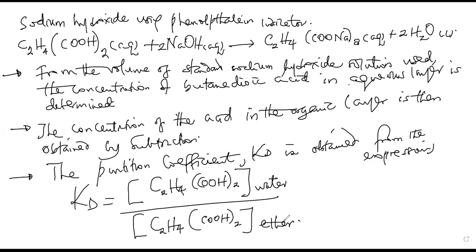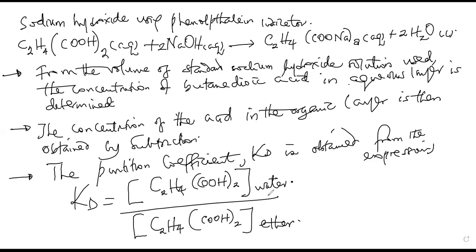A question of this nature can come and you find 5 marks or 6 marks on it. Describe an experiment to determine the partition coefficient of butane dioic acid between water and ether. What is mentioned first is what you make your numerator.